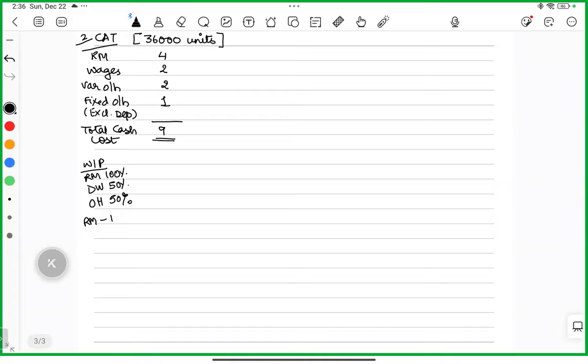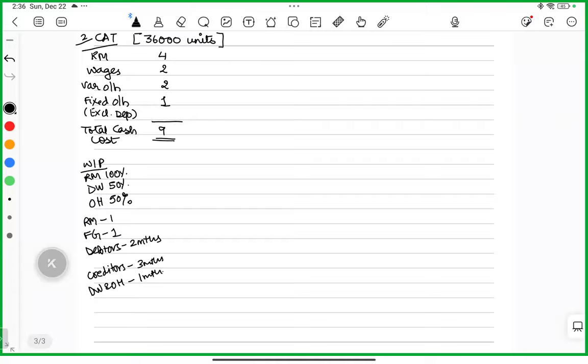Raw material is 1 month, finished goods is 1 month completed units, credit period allowed to debtors is 2 months, so debtors is 2 months, and credit allowed by creditors is 3 months, so creditors is 3 months. Lag in payment of wages and overhead 1 month, that is you pay after 1 month, so for 1 month they remain outstanding, right?